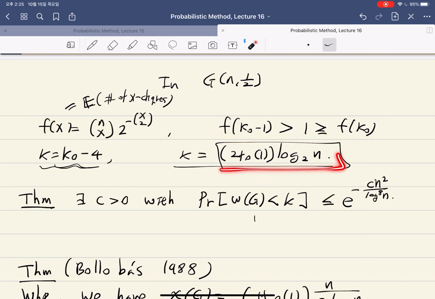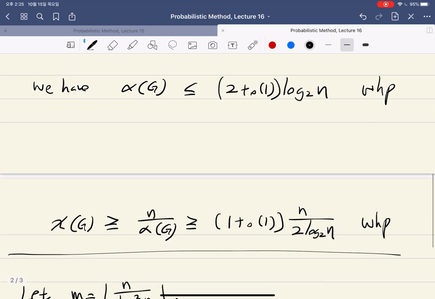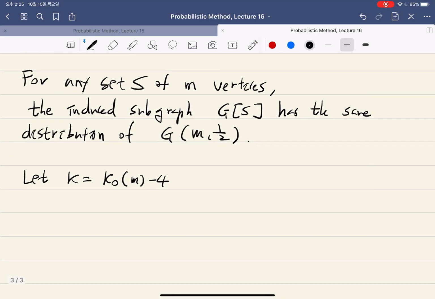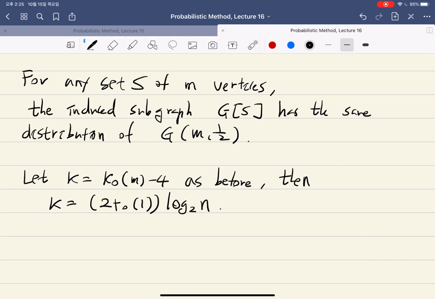But even if we replace n with m, this equality still holds. We still have k being 2 log base 2 of m.